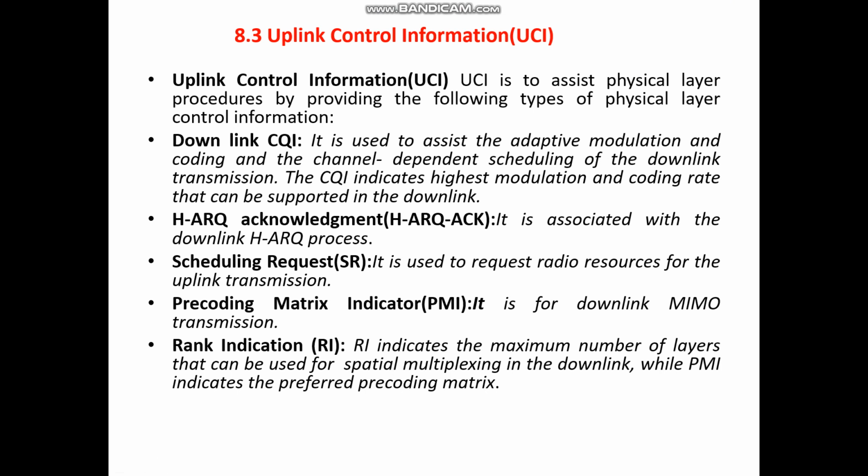The CQI indicates the highest modulation and coding rate that can be supported in the downlink. So it is an indicator which indicates the highest modulation we can use in the downlink as well as the coding rate supported.